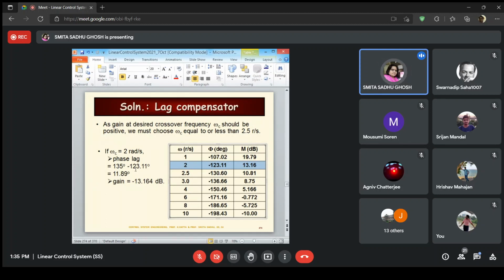So minus 123 minus minus 135 gives 11.89, where the amount of gain we require from our compensator is 13.16, right? So if we choose 2 radians per second, our omega c will be 2 radians per second, phi c will be minus 11.89, and Mc will be equal to minus 13 decibels. So now again you put it in your quadratic, solve for beta, and b, and you will get your compensator.